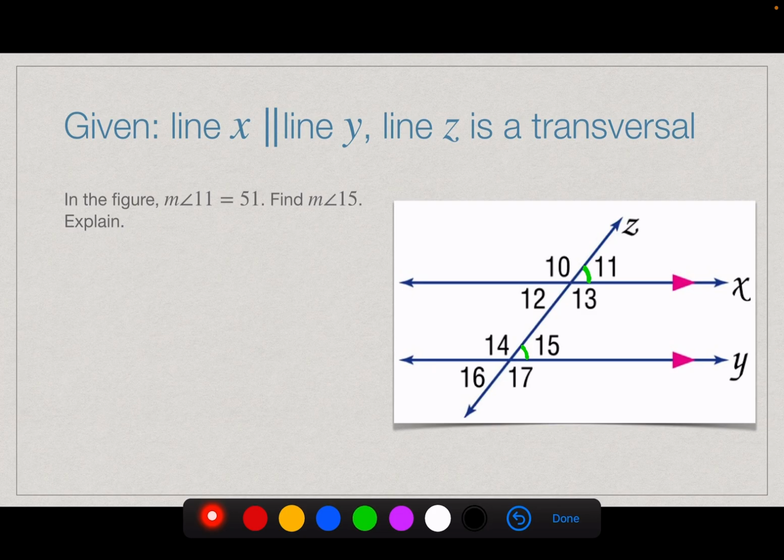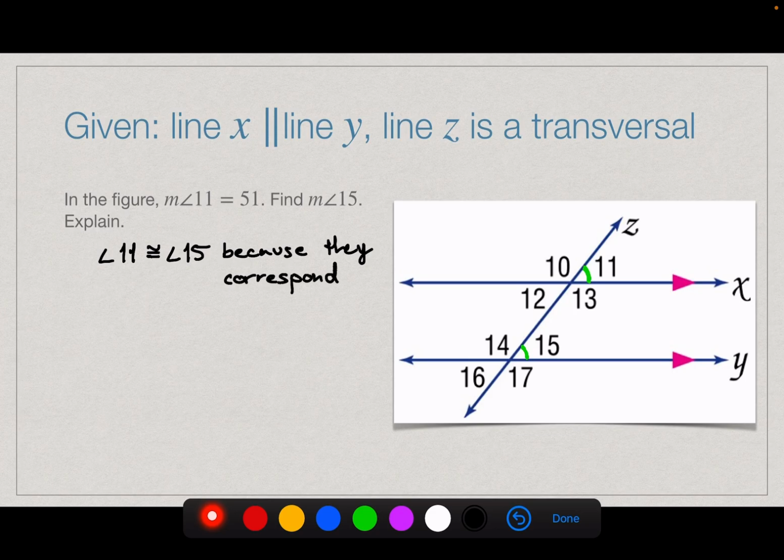Well, we know that angle 11 is congruent to angle 15 because they correspond.